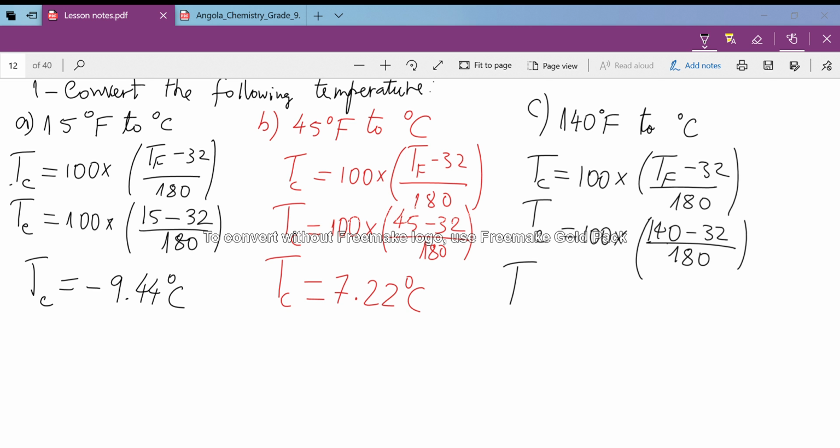So Tc will be 140 minus 32 will be 108. So 108 divided by 180 will be 0.6. 0.6 times 100. The result, of course, is 60 degrees Celsius. Guys, step by step. When you do things step by step, you do not make mistakes. But when you try to do everything together, it is easier for you to make mistakes. Okay? Now let's move on.